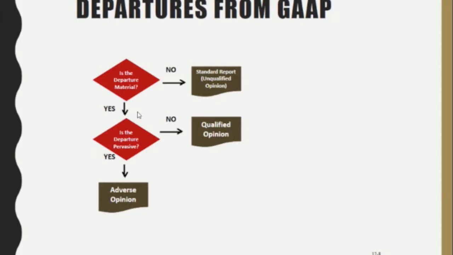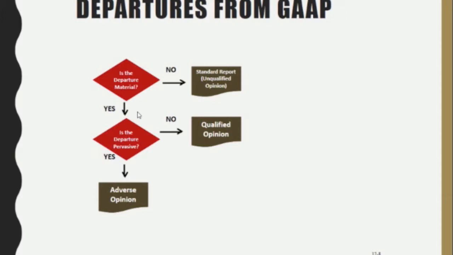Right? Does it materially impact the entire set of financial statements, or does it just impact this one area? So if it's not pervasive, it's restricted to a particular area, then the auditor will issue a qualified opinion, an except for opinion.